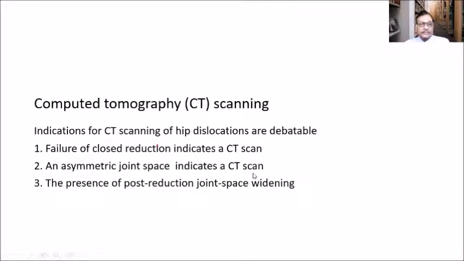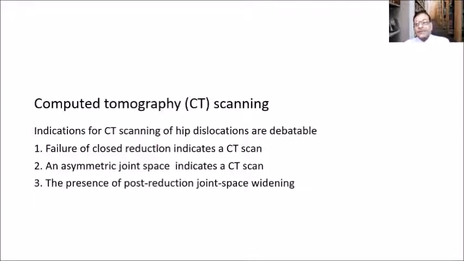When to do CT? CT is done in certain circumstances, not the usual mode of identifying that there is a dislocation. When you try to do the closed reduction and you fail, you want to know what is the cause behind it, and probably CT will tell you.